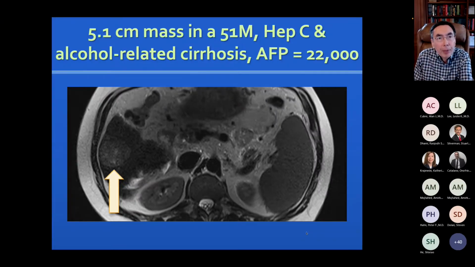Okay, so here's a patient with a 5.1 centimeter mass. There's a history of hep C and cirrhosis, also alcohol related, and a very high AFP. So the pretest probability with an AFP this high in a cirrhotic is extremely high for HCC.